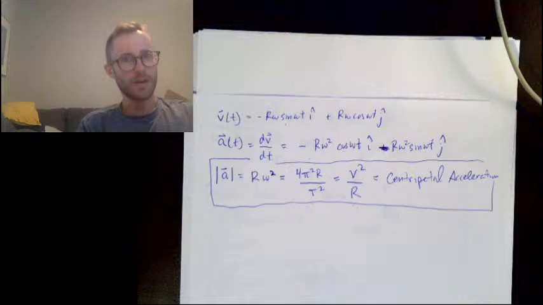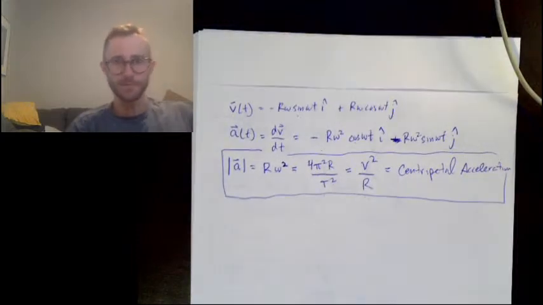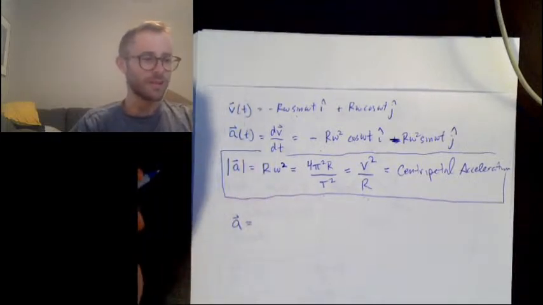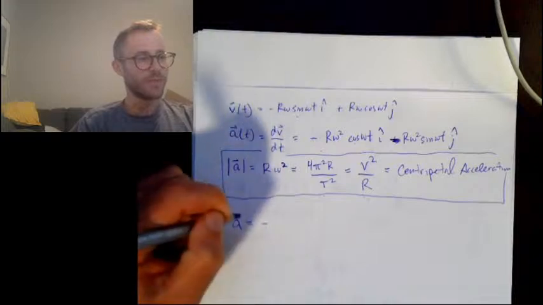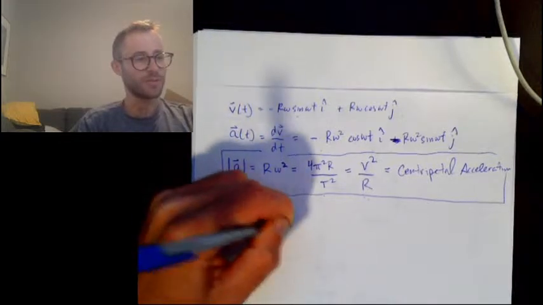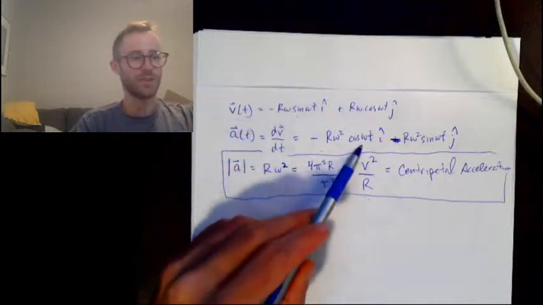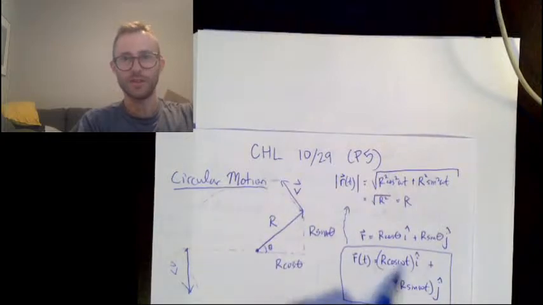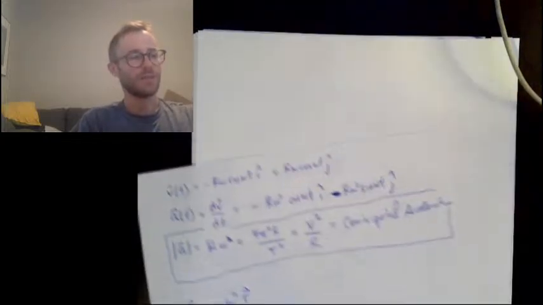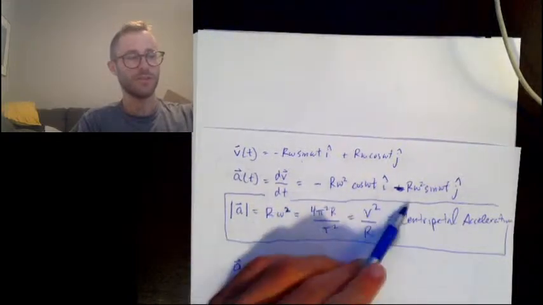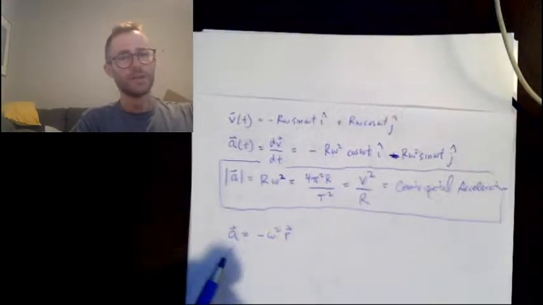The other thing I wanted to point out is that the acceleration vector is actually equal to negative omega squared times the position vector. You can see that it's cosine, sine, just like the original position vector, and we have the r, but with a negative sign and omega squared. So what does that mean?